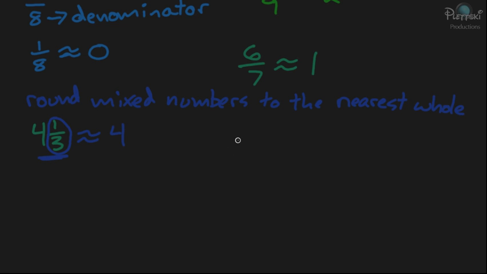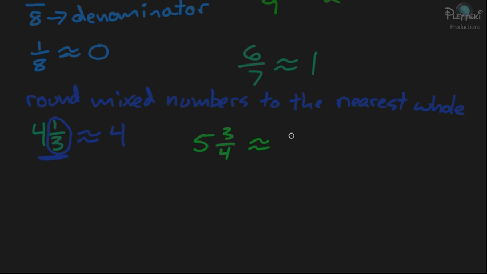Now another problem could be, let's say, 5 3/4. Okay, we have the 5. Now the question is, what are we going to round it to? Well, look at the 3/4. Compare the numerator of that to the denominator. So 3 compared to a 4. Well, 3 is almost 4. So we can round that to a whole, and that would make this 5 plus 1, which would be 6.